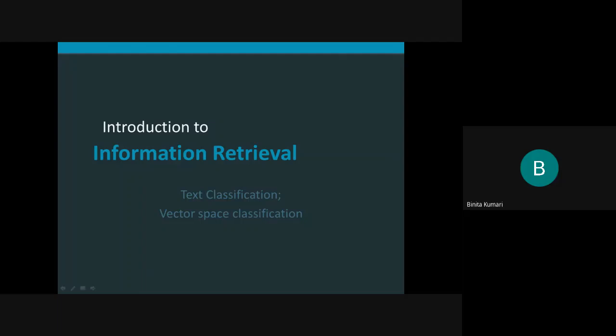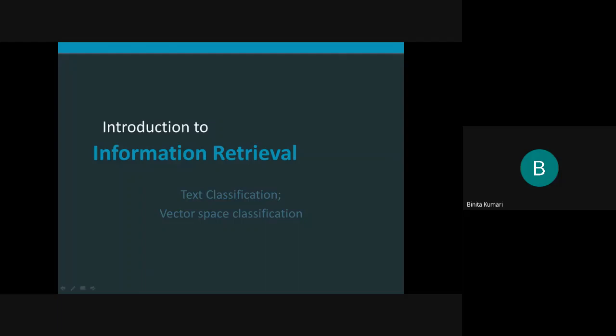So the basic hypothesis that is there in your vector space model for classification is the contiguity hypothesis. Now, what is that? The contiguity hypothesis states that the documents in the same class form a contiguous region, and the regions of different classes do not overlap.